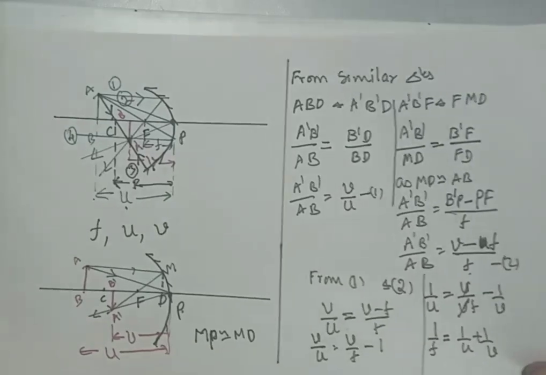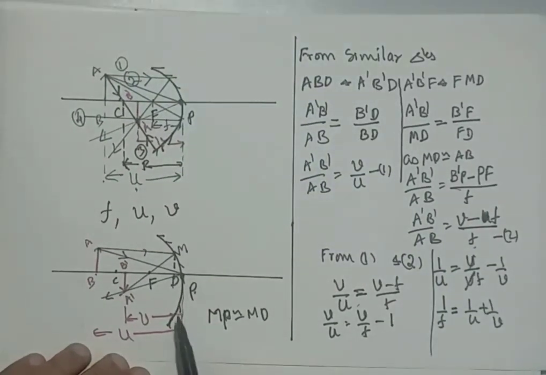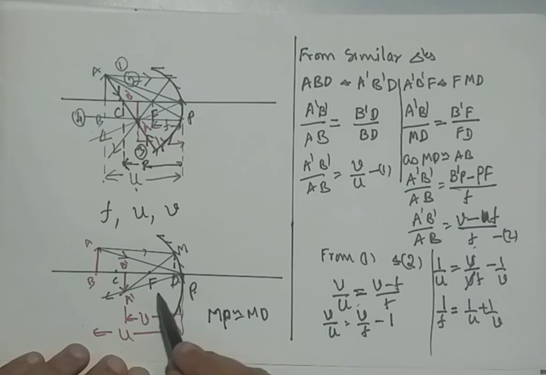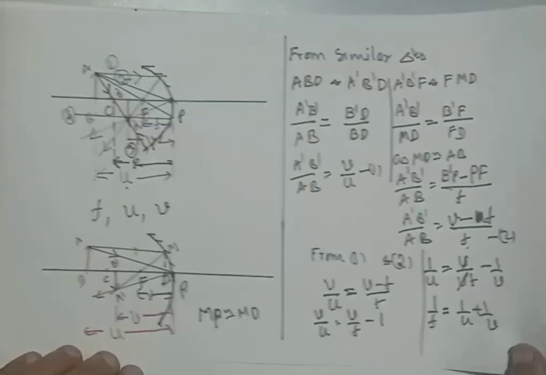Now, the last step is remaining in these two. That last step is to apply the sign convention. By applying sign convention, as given in the figure, observe here, U is measured to the left of the pole. That means in the opposite direction to incident beam. So U is negative. V is also measured in the opposite direction. V is negative. The focal length F is also negative. Therefore, all the three terms are negative.